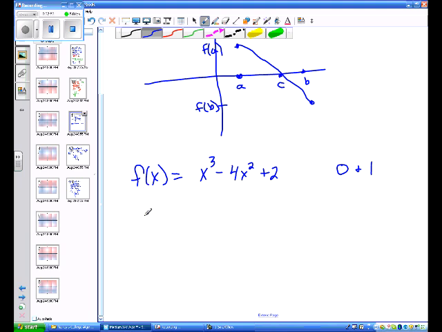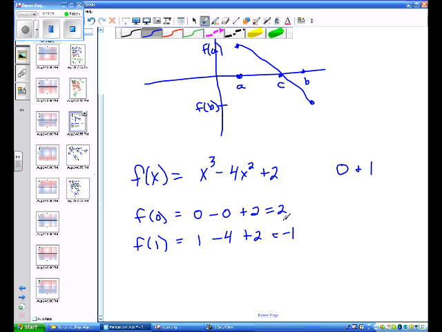Well, to know that, what we do is we find f of 0. Well, that's going to be 0 cubed minus 4 times 0 plus 2, which is 2. Then if we find f of 1, well, we have 1 cubed is 1. 1 squared is 1 times negative 4 is negative 4, plus 2. And so this gives us negative 1.